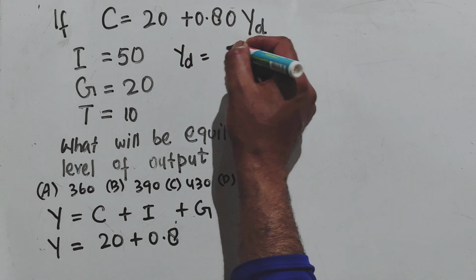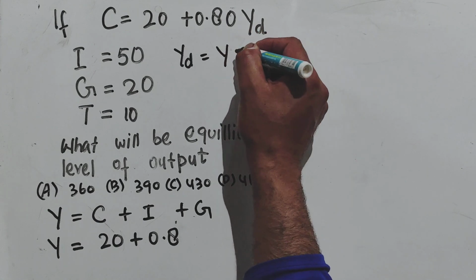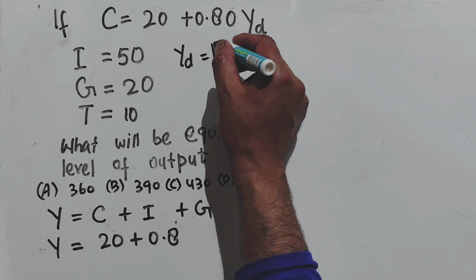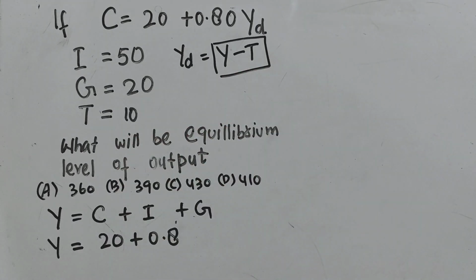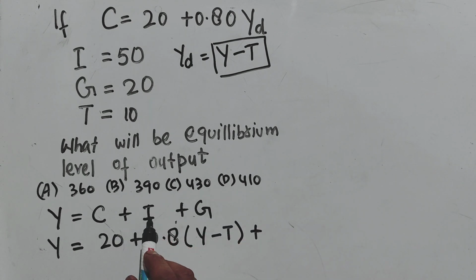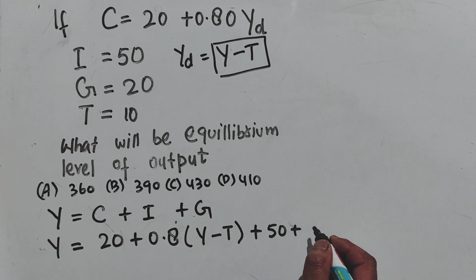Disposable income is simply equal to what we call the total income minus the taxes. Okay, so I guess here the taxes are lump sum. So we have Y minus T, plus we have investment, which is 50, plus government spending, which is 20.